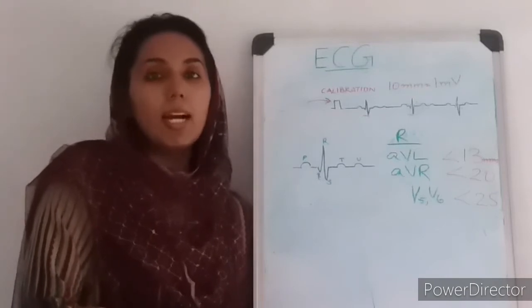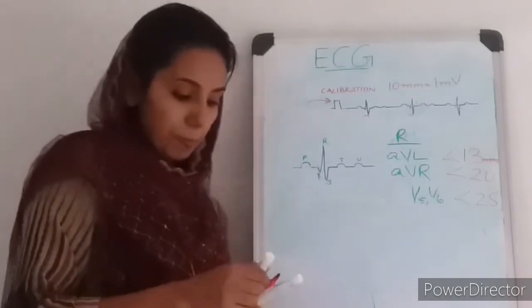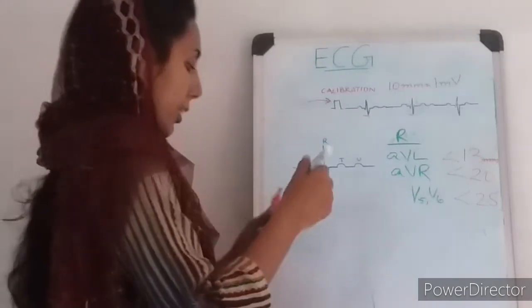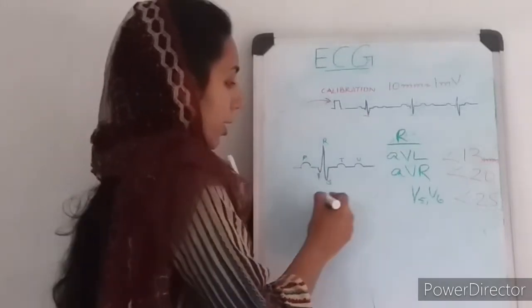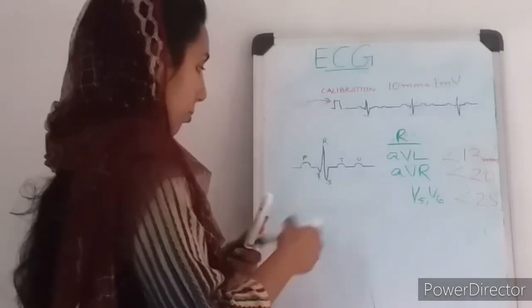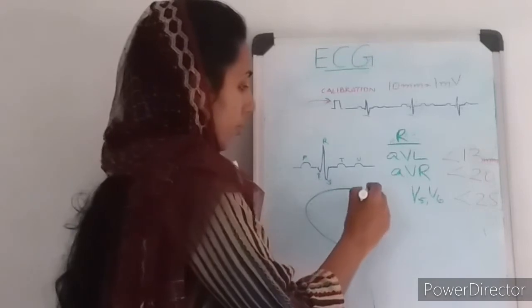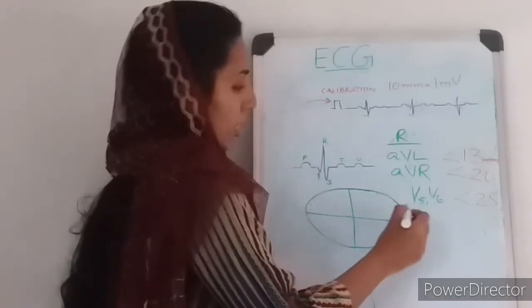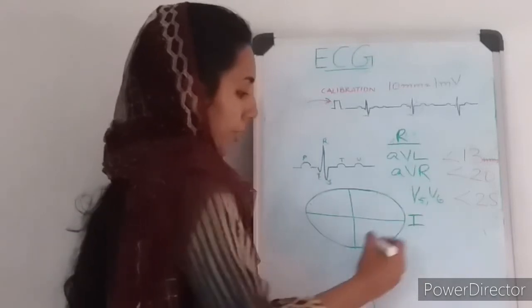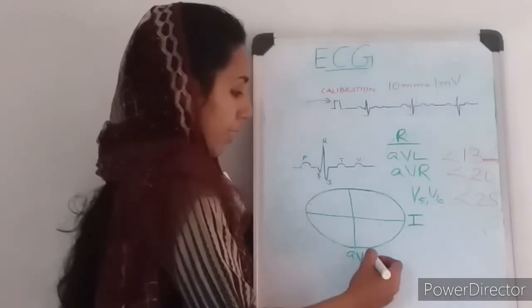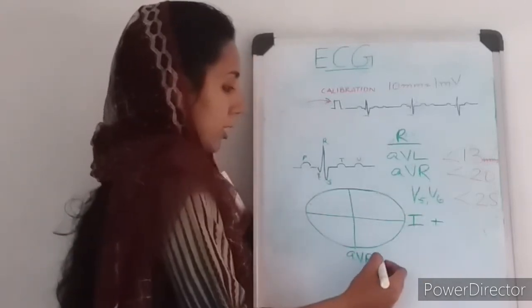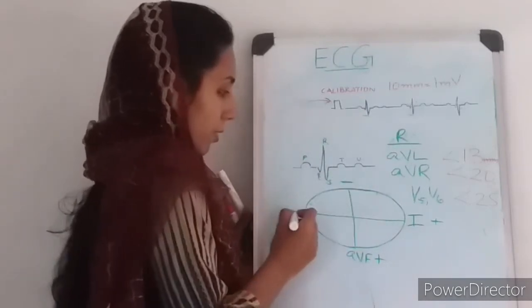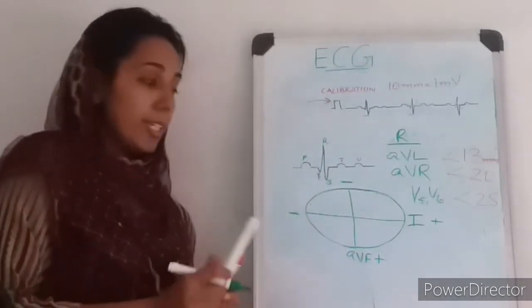Now let us see how to calculate the axis. There are various ways of calculating the axis. What I follow, I will tell you. Remember, this is lead 1 and this is AVL. So this side is positive, this side is positive, and this side is negative, and this side is negative.